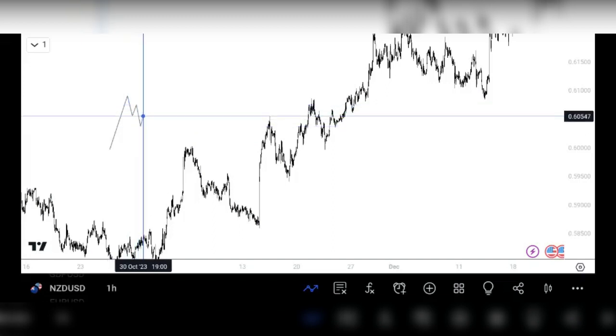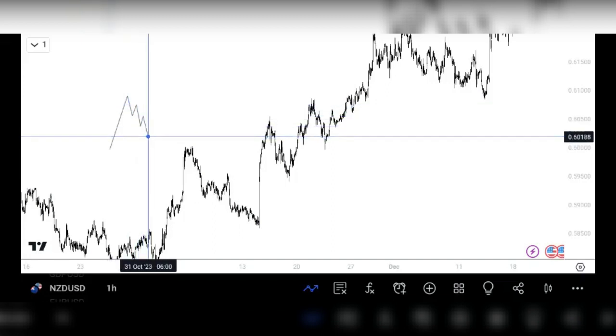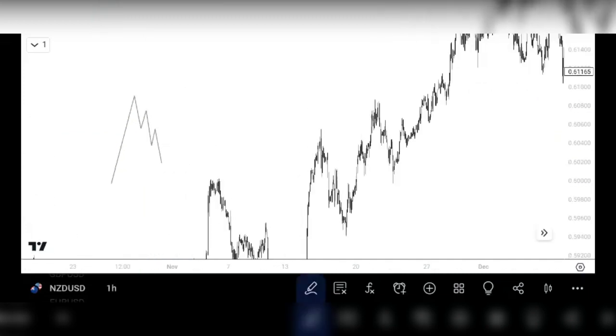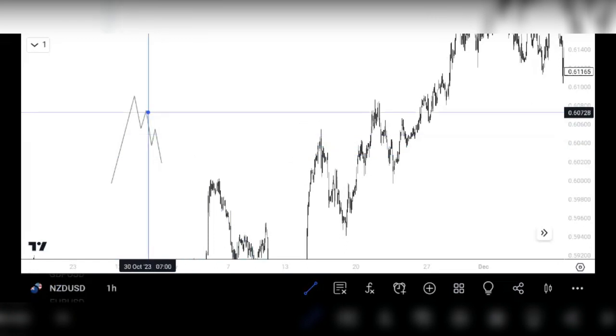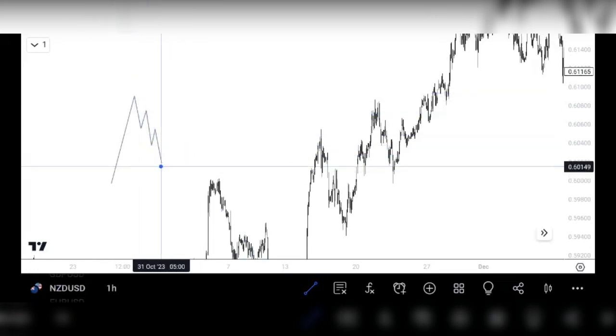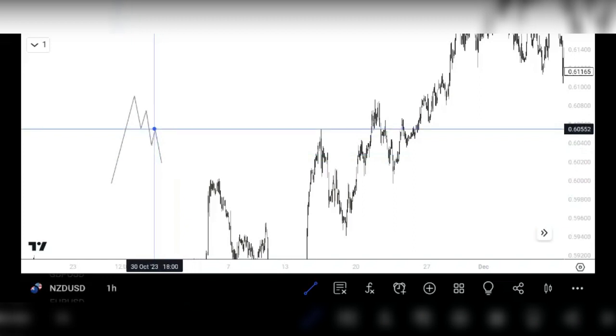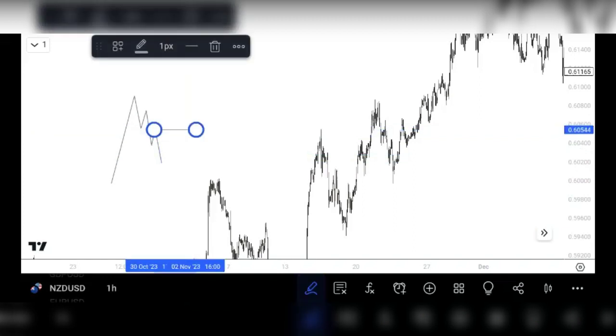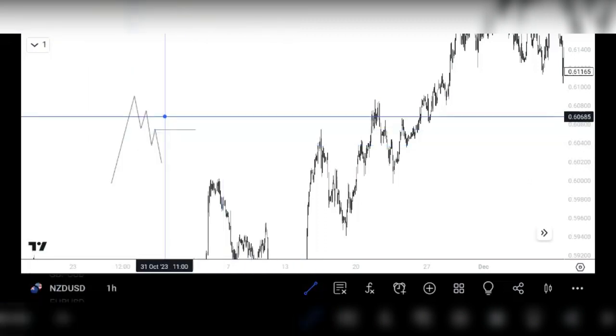Price does not just move straight. After price has finished correcting, it creates a higher low. All these structural points are what we call structural liquidity. All the internal movement is what we call structural liquidity.